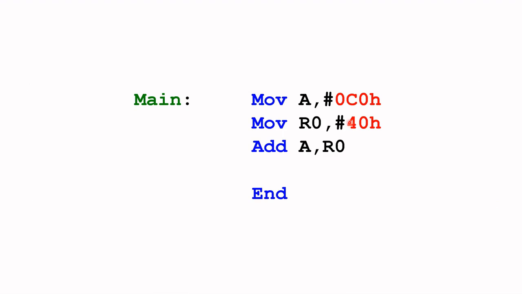And here's the code for the demonstration. We're going to copy C0 hexa into register A, and copy 40 hexa into register R0, and then add the contents of R0 to the contents of A. The result will be stored in A, and we should see the CY flag set to a 1 after this instruction is executed.